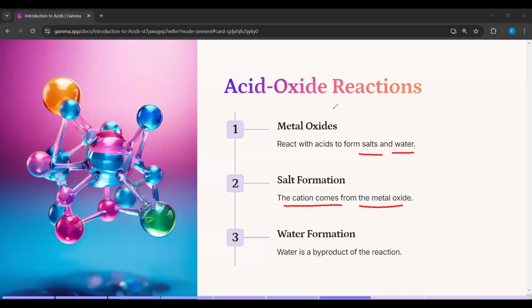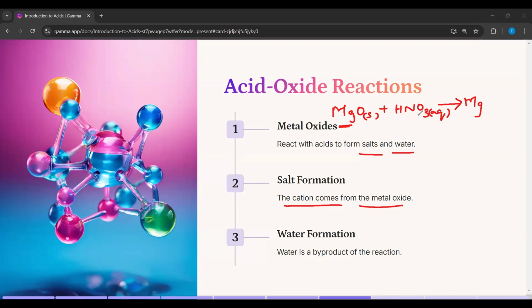where we react, say, magnesium oxide. Remember the state symbol, solid. It reacts with nitric acid, HNO3. So remember HNO3, aqueous. What does it give? So the cation will come from the metal. So what is the metal oxide here? The cation is from the metal, so magnesium. So it will be Mg, and the acid is nitric acid.